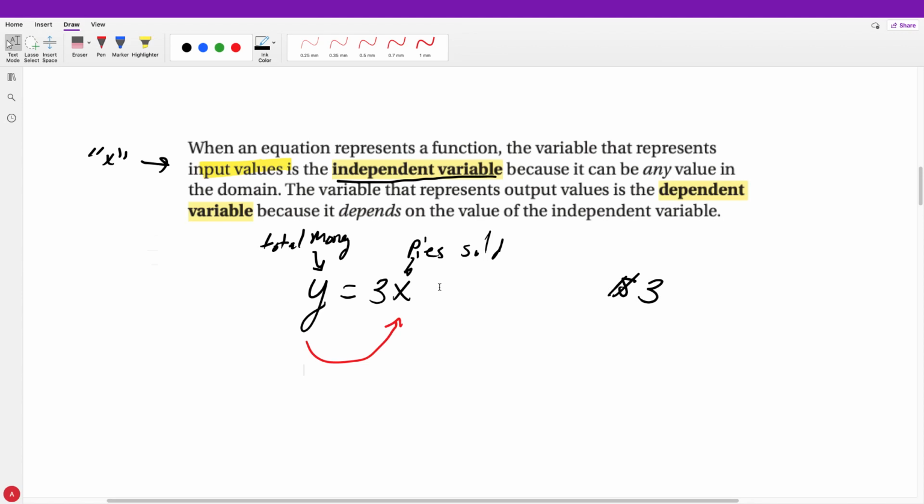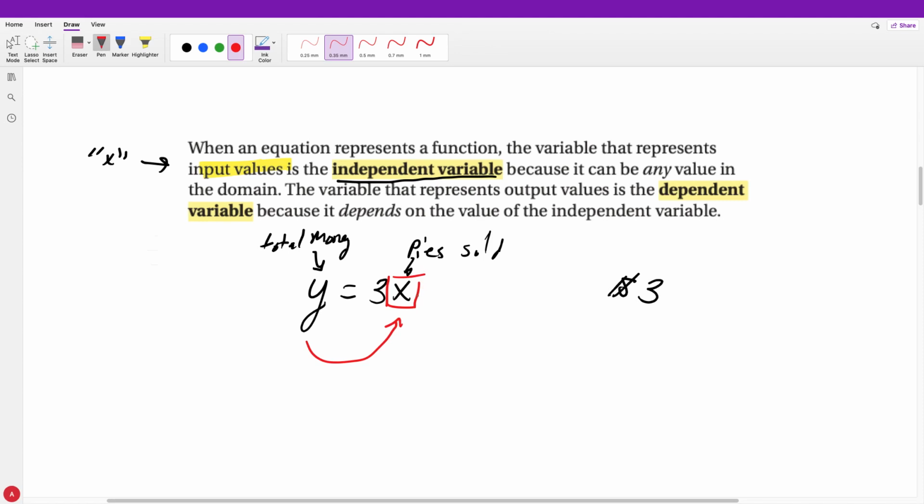So you see, the amount of pies that we sell are not influenced by the total money that we have, because we're not saying, oh, okay, we have $1,000, so now let's sell these pies. No, it works in reverse. We sold this many pies and we made $1,000. So you see, because this x value, what we substitute in our input, is independent, and it's not affected by our y value. That is our independent variable, because we can do anything.